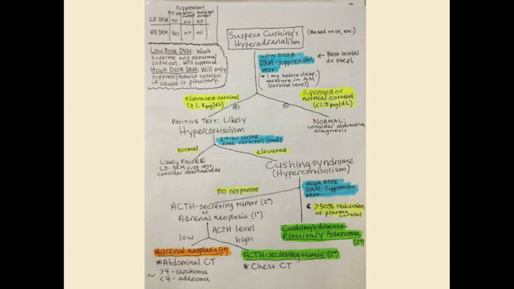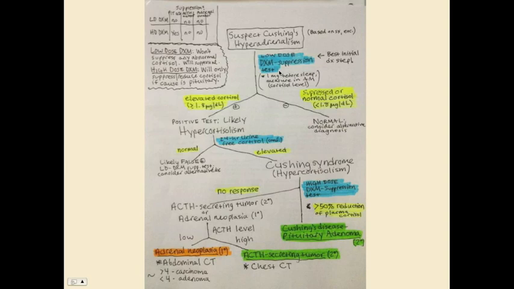Now, you have the option of doing a 24-hour urine-free cortisol, because there are possible false positives when you do a low-dose dexamethasone suppression test. Most of the time they are true positives, but sometimes you can get a false positive. A 24-hour urine-free cortisol is more accurate than a low-dose dexamethasone suppression test.